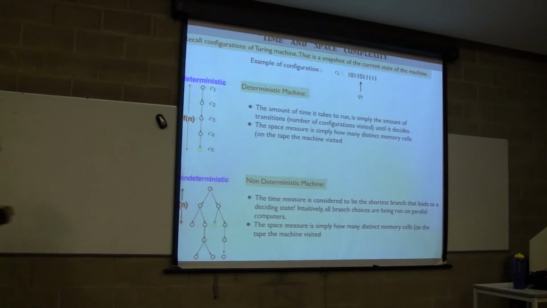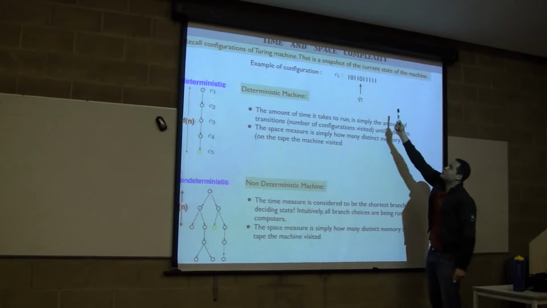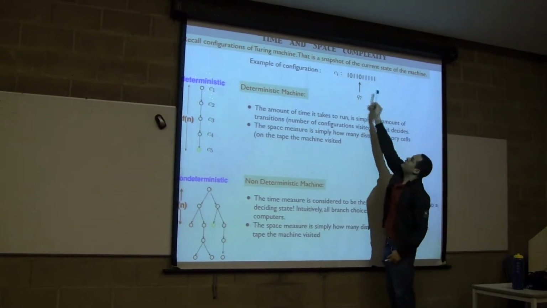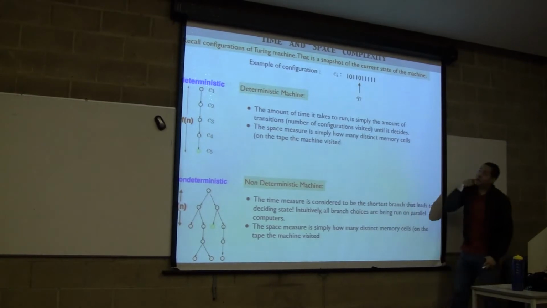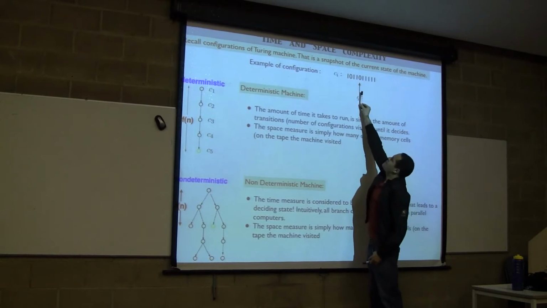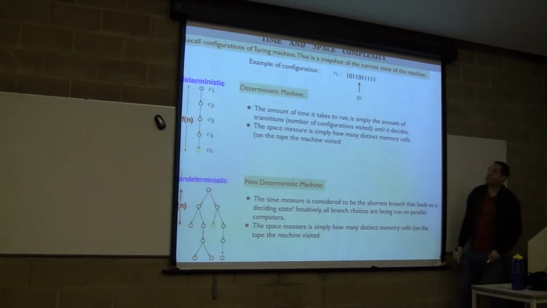Just a reminder: the configuration of a Turing machine includes the tape configuration, say Ci, that is the information within the tape. And you'll have a particular state at that particular moment, and the head of the machine will be at a particular cell. So that's one possible configuration.